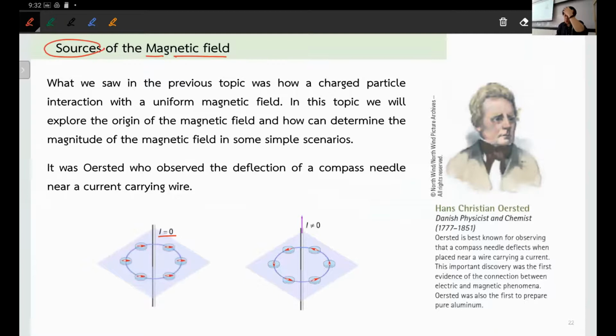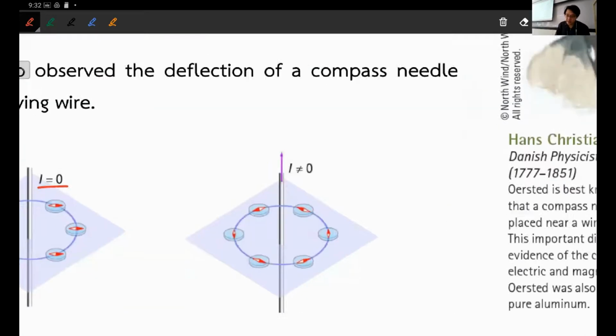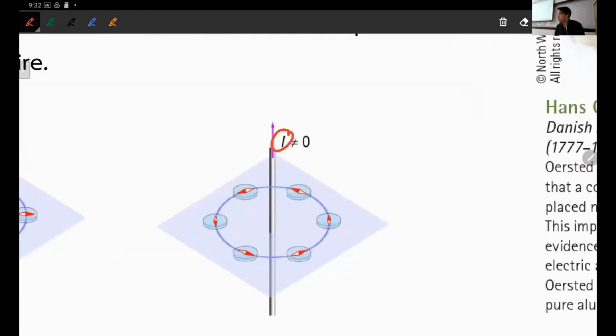The first one who noticed this was Ørsted. He was doing a demonstration in class, and he had a wire with current flowing, and the compass nearby just flickered. So he noticed that it has to do with the current flow. It seems like anytime you have a current flow, there will be a magnetic field around it.